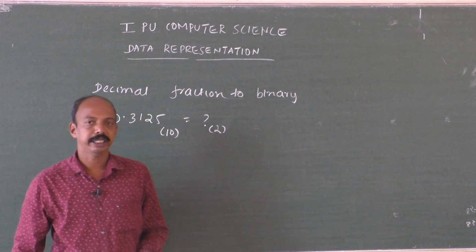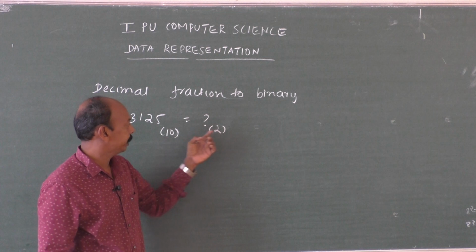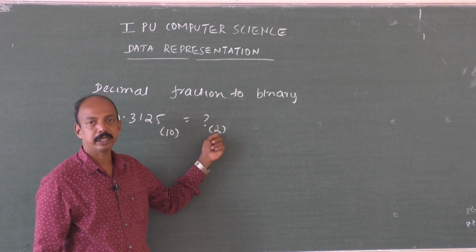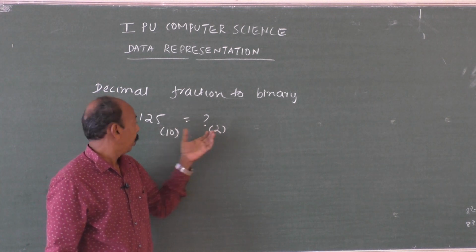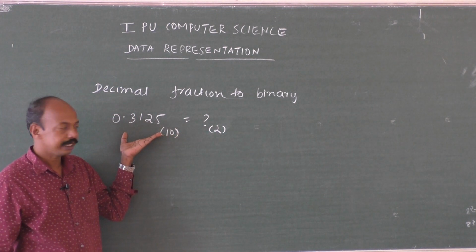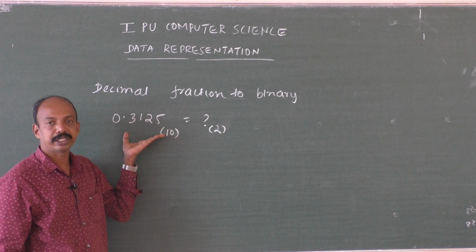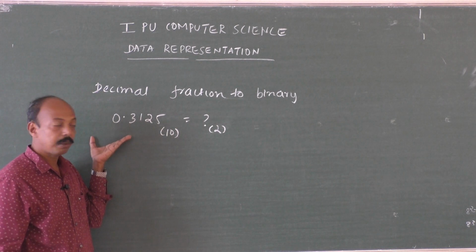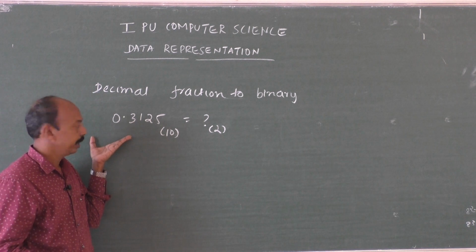When it was an integer, we divided that with respect to 2 because to this particular base we want to convert. Only thing that we have to note here is that it's having only fraction, it doesn't have any integer. Suppose we have both, how to convert that later we shall see.